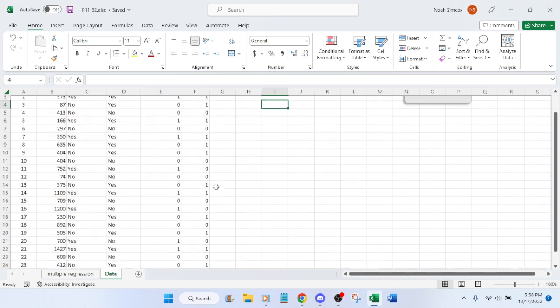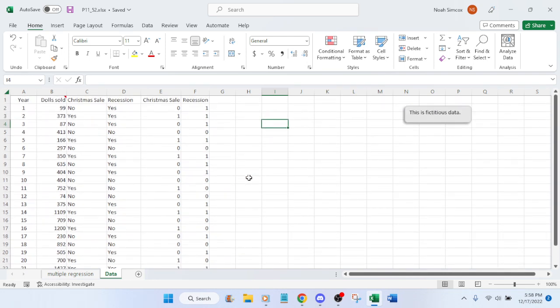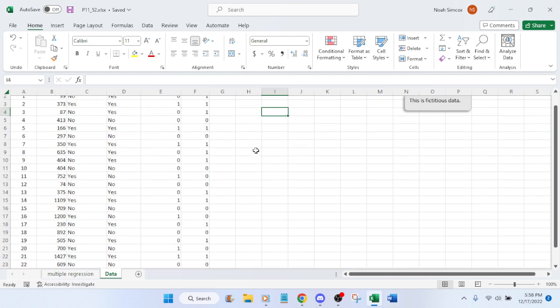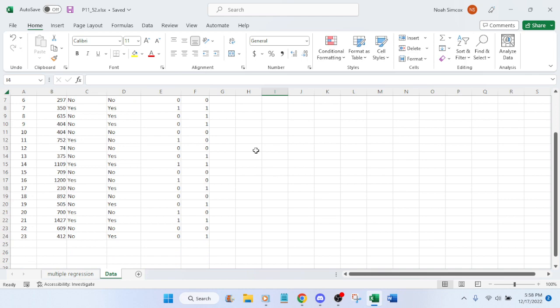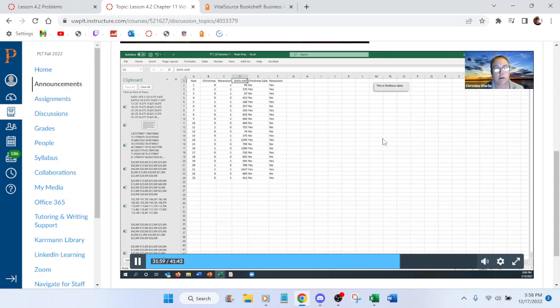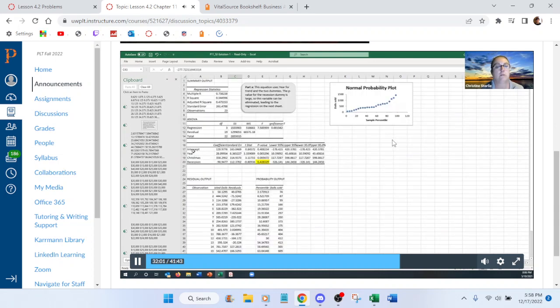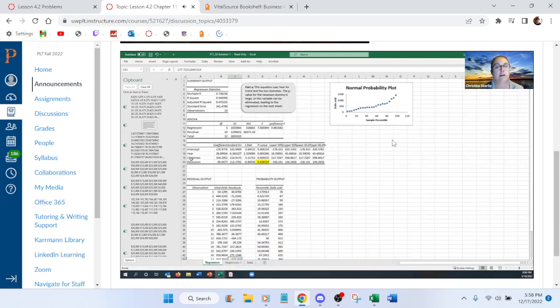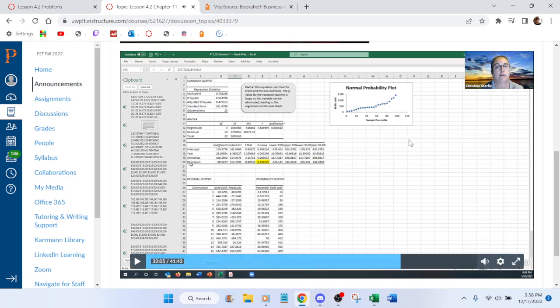I'm not doing anything wrong here. I might have to completely ignore her results because I'm almost certain I did this right. What am I doing wrong? Plug those in, we have our intercept, our year, our Christmas. Part A: year for trend.